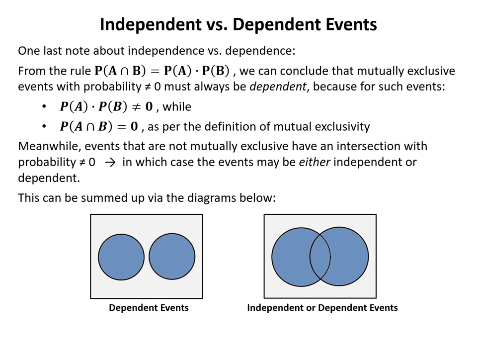The overall situation can probably best be summed up via the diagrams that you see below. In the diagram on the left, we have two events that are mutually exclusive.